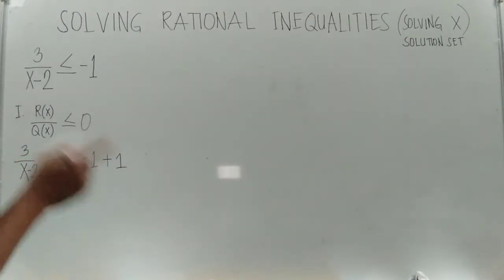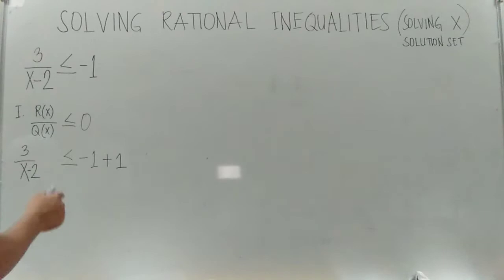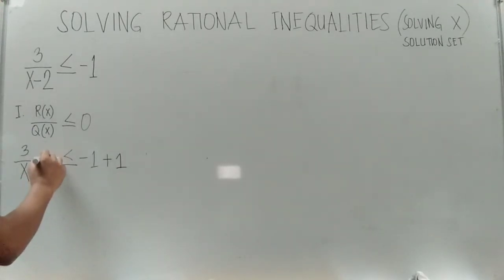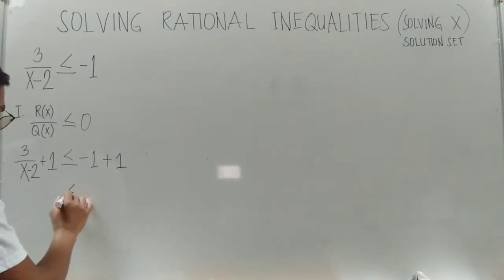Just like your equality or equation, you have your addition property. So we add plus 1 on the other side for balance.